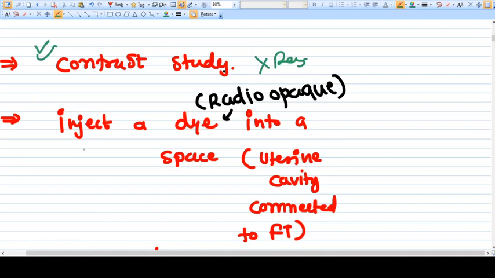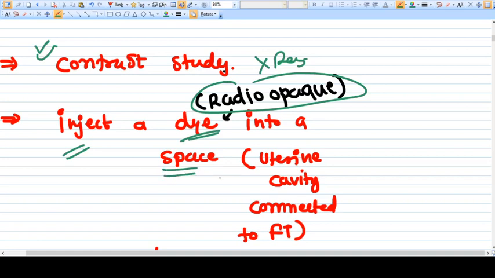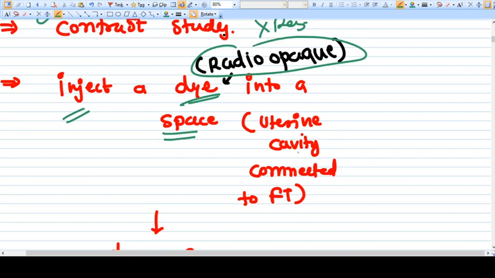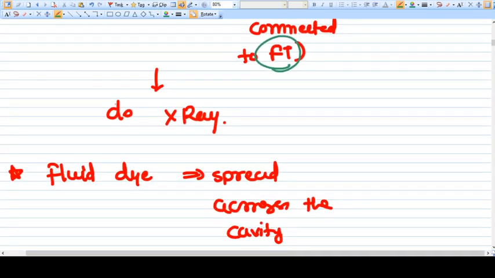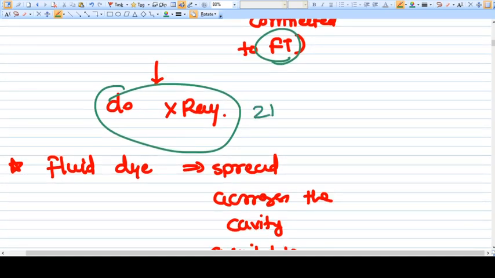What we do in this is inject a radio-opaque dye into a space. Which space? The uterine cavity connected to the fallopian tube. And then we do an X-ray of that part, a 2D X-ray.